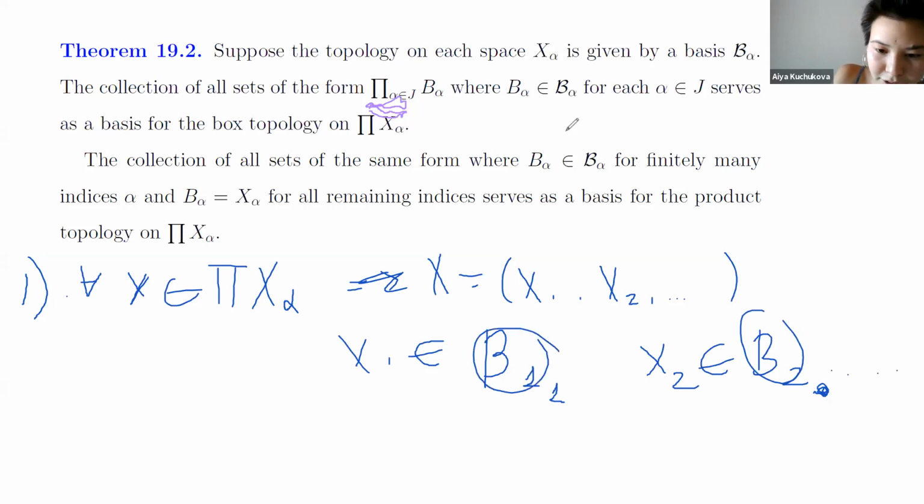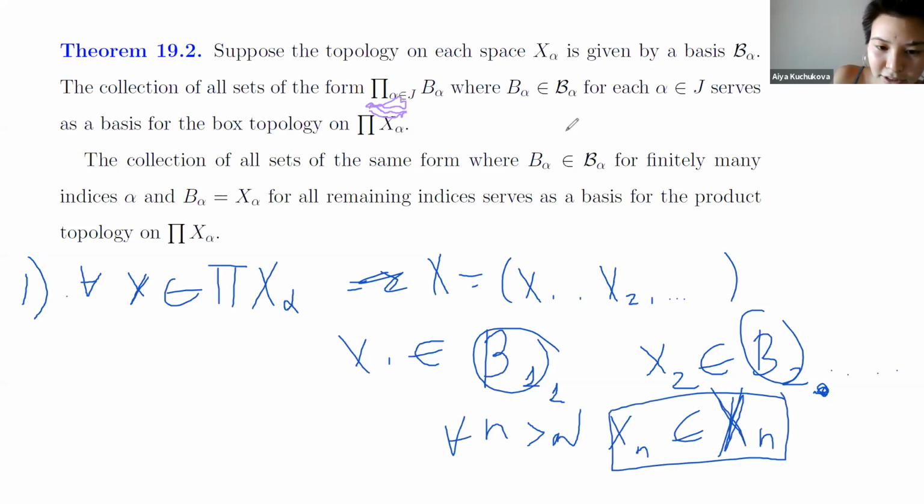Then for all n bigger than some n, we can just say xn is in the big X, because it has to contain all the elements. So basically then we take this and we get b1 cross product b2 cross product, and so on, up to xn.